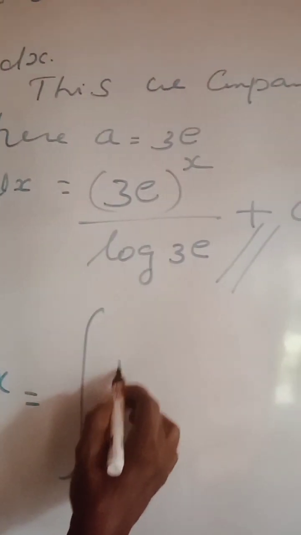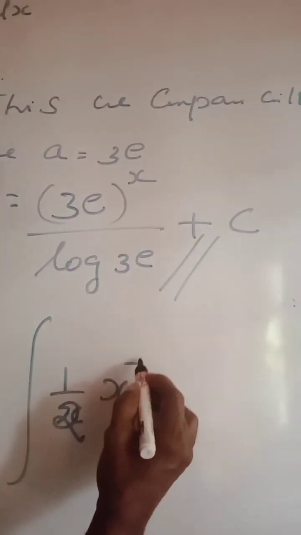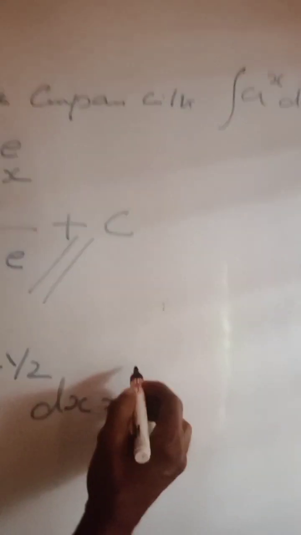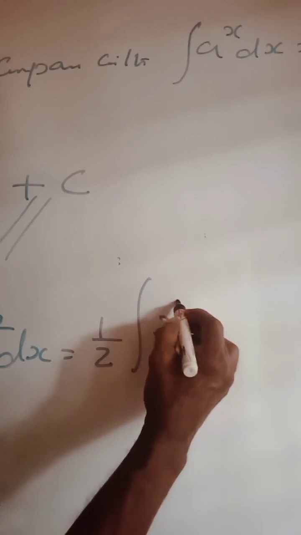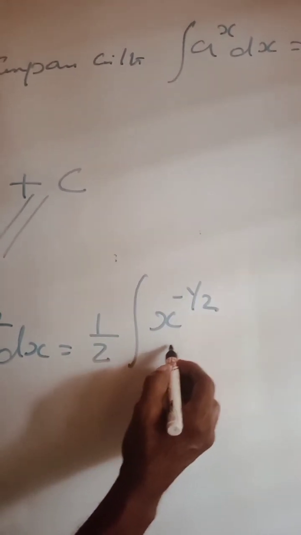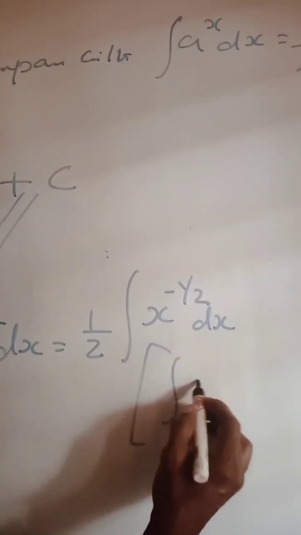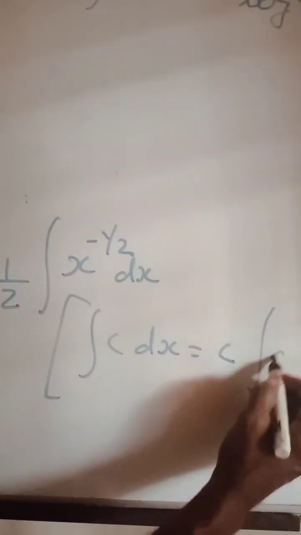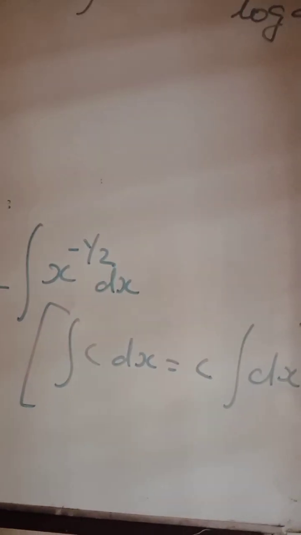This is equal to 1 by 2 into integration of x raised to minus 1 by 2 dx. Integration of c dx is equal to c into integration of dx. We can take c outside of the integration.